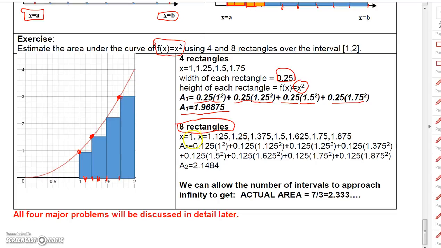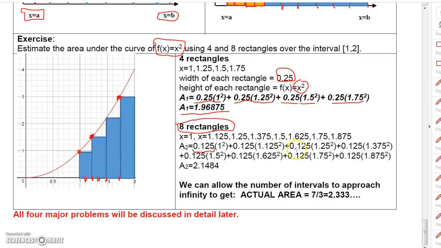These are the left endpoints of each of my rectangles. Since the area of each rectangle is width times height, and the width is 0.125, the area of the first rectangle would be 0.125 times 1 squared, the height. The area of the second rectangle would be 0.125 times its height, which would be 1.125 squared.